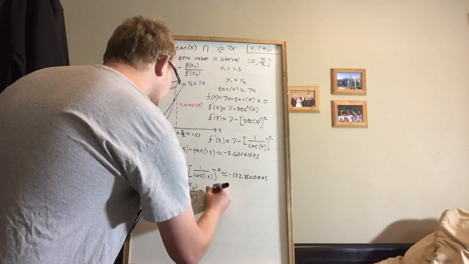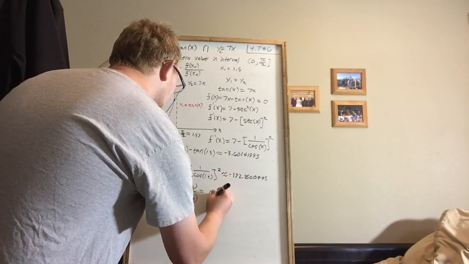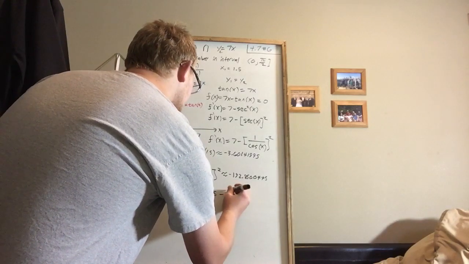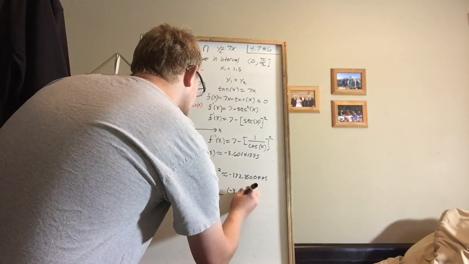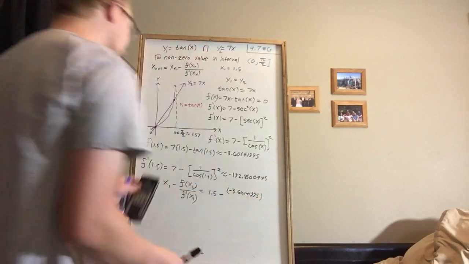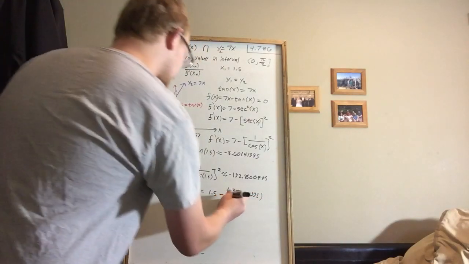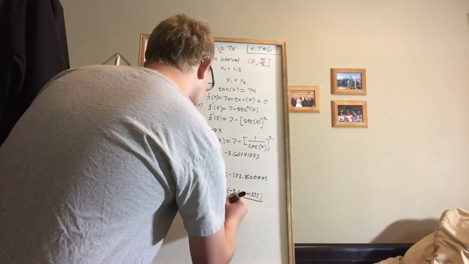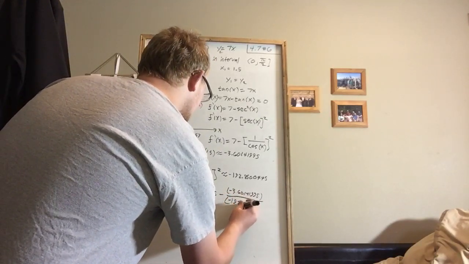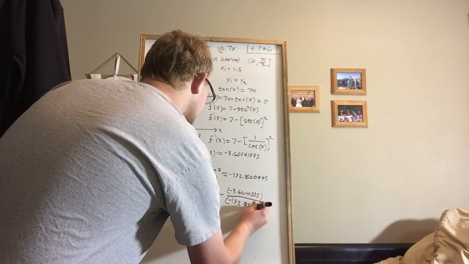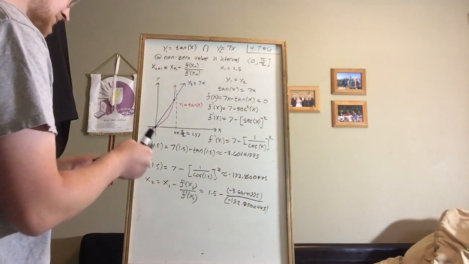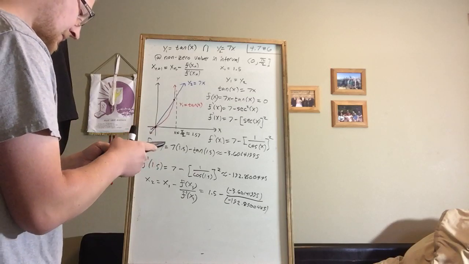x1 is 1.5 minus this number, which is minus 3.60141995, and that's f of 1.5. And then we're dividing that by f prime of 1.5, which is negative 192.8500445. And now we'll do our calculation.